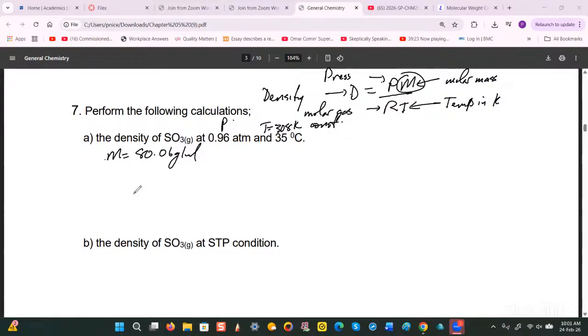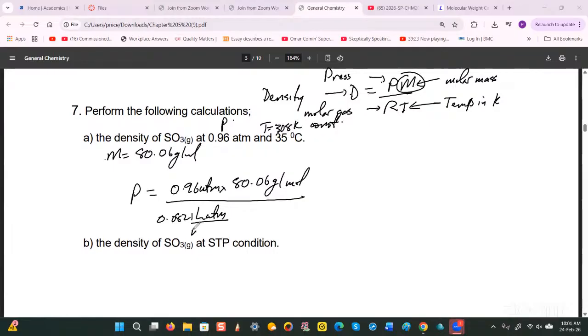So to calculate the density, that would be equal to the pressure, which is 0.96 atmospheres, times M, which is the 80.06 grams per mole that we just looked up, divided by R, which is 0.0821 liters atmospheres over mole Kelvin, times the temperature, which is 308 Kelvin.